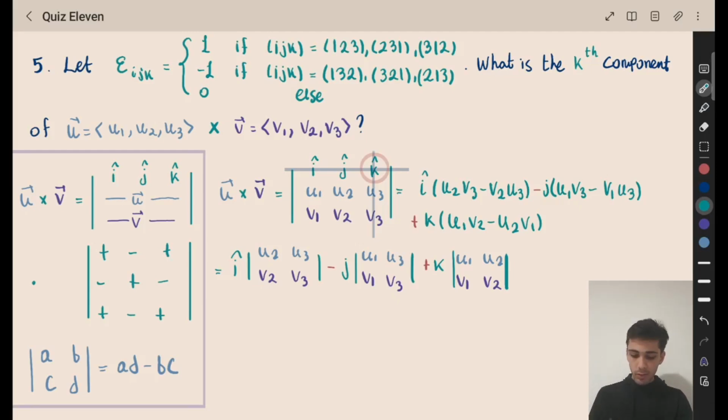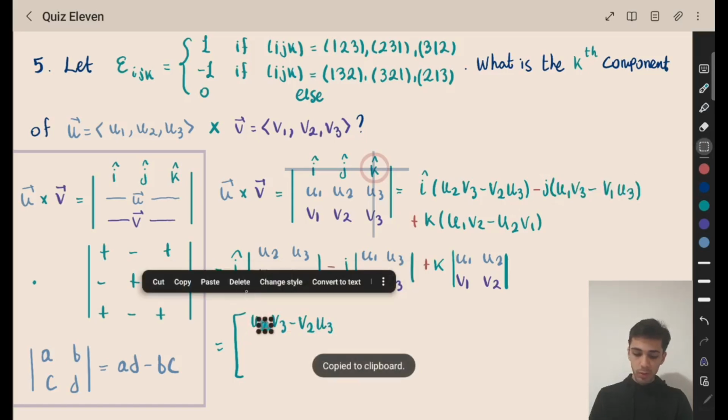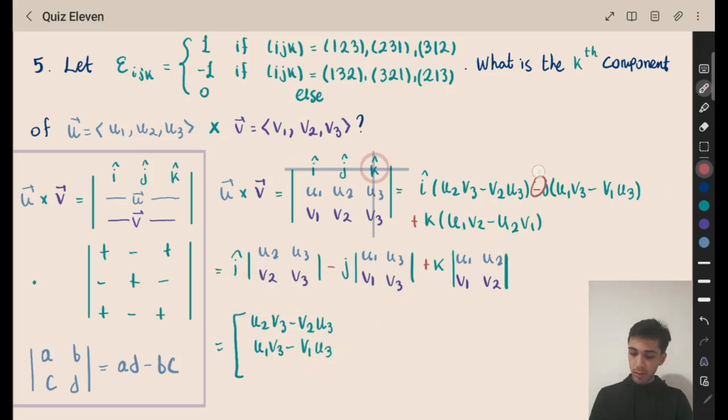Finally, I can even take this one more step further, and I can write it in a more compact form, which is the form of a vector. But that is just a matter of taste. So this is the first coordinate i. This is almost the second coordinate j, because there's a minus.